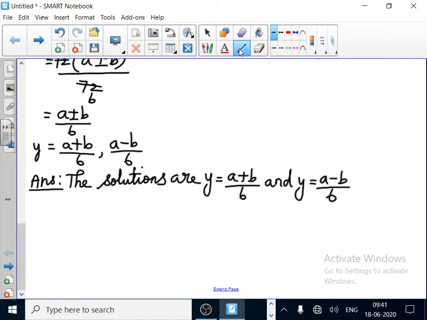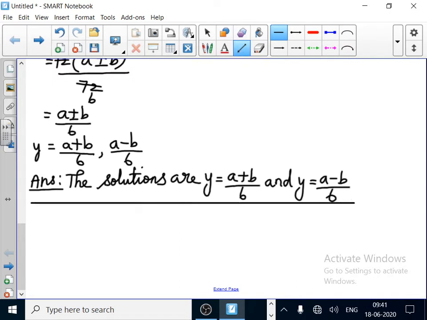So applying the formula we can solve the quadratic equation. Now, the third one.